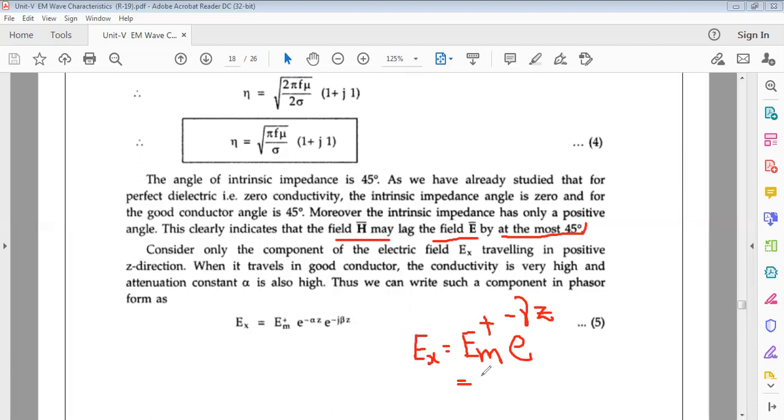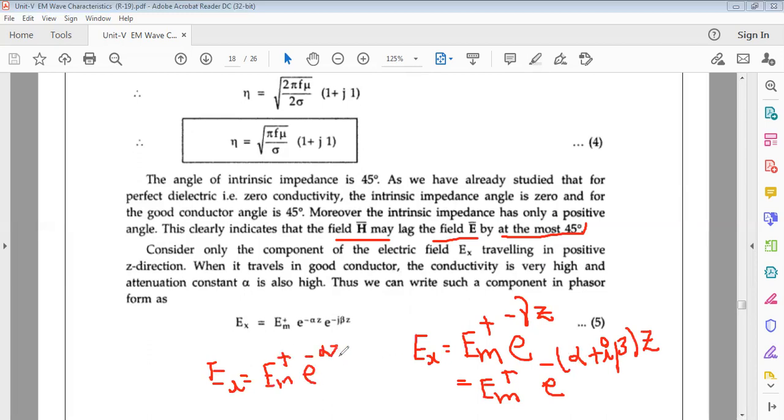What is gamma, my dear students? Alpha plus j beta. So Ex is equal to Em plus e power minus alpha into z, and e power minus j into beta into z. This is the term we got.